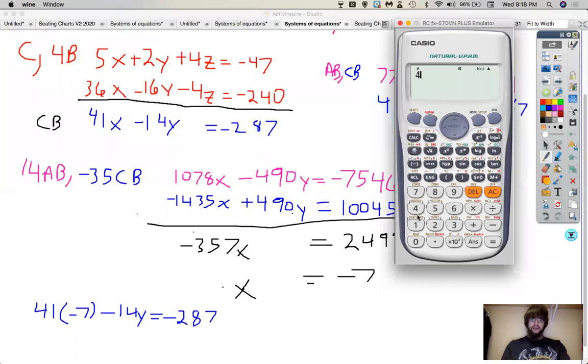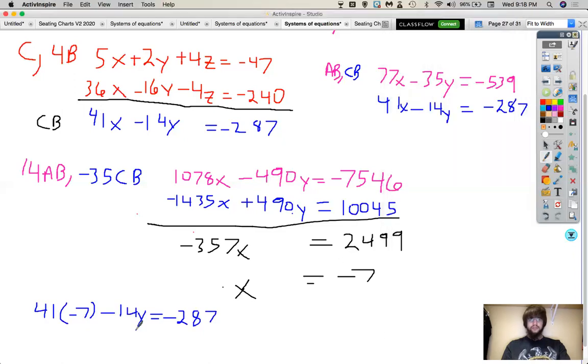I'm just shoving in the calculator. 41 times negative 7 minus 14 x, whatever your real is, it's got to be x in the calculator. Equals negative 287. Shift calc equals 0. Okay. So that's a perfectly fine answer. Y is 0.